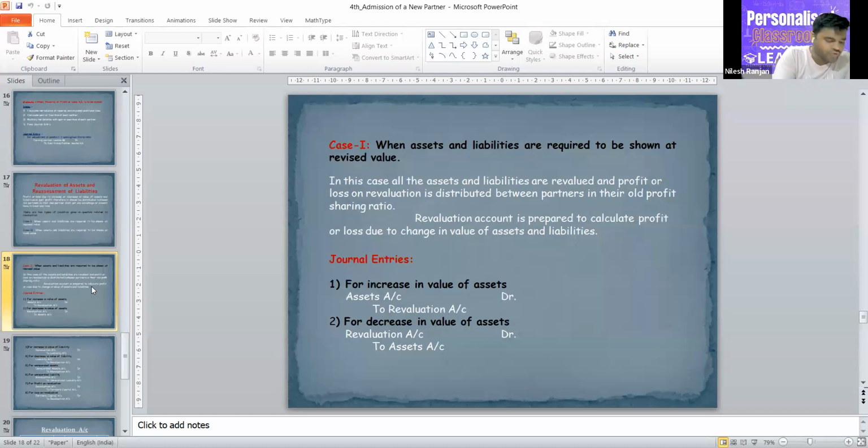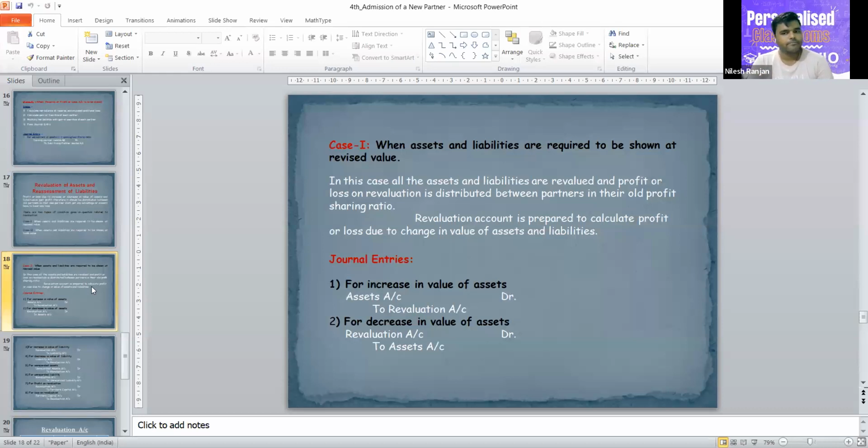Okay. Now you have asked all the questions, so I don't think there is anything I should explain here in the question part. No, sir. So the first entry, yes, for increase in value of assets, assets account debit to revaluation account. Can you repeat why asset is on the debit side and revaluation account is on the credit side?